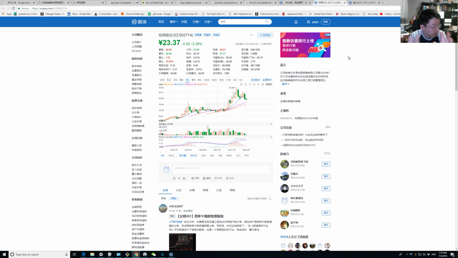Another reason is a lack of futures market. There is no futures market for, for example, pork bellies, unlike here in the US. So it's all very primitive there at the moment.